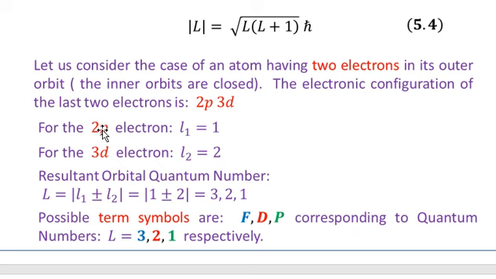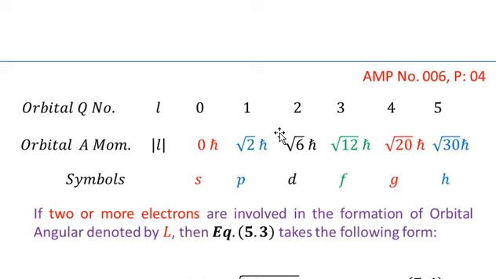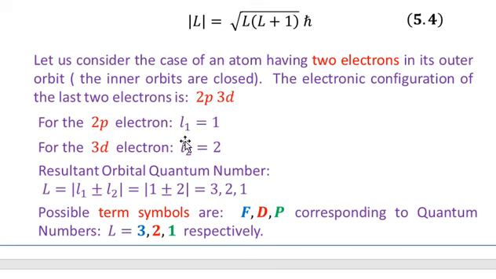You know that for the p electron the value of the orbital quantum number is 1, and for the d electron the value is 2. This is what you can see from this table. That's why we have l1 equal to 1 for the p electron and l2 equal to 2 for the d electron.